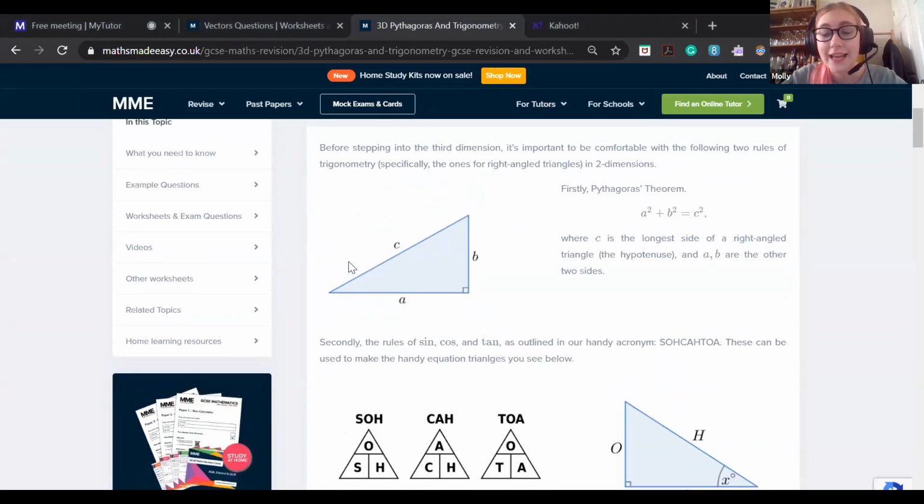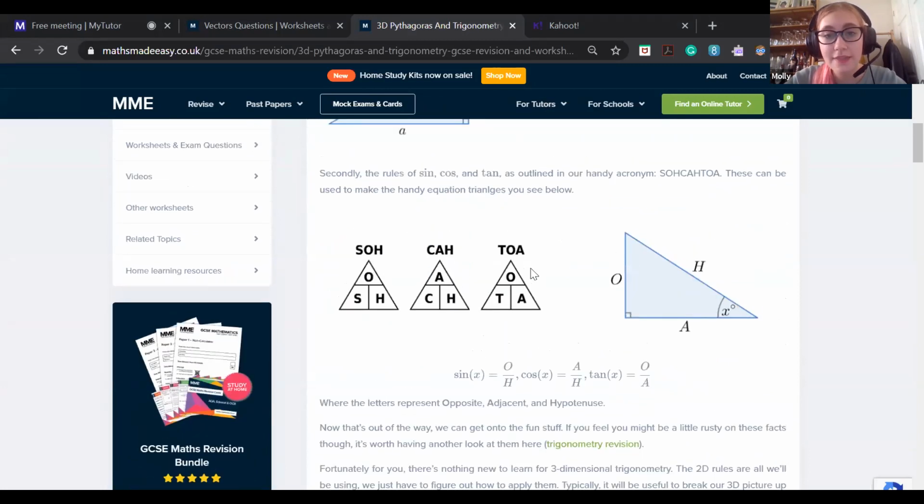3D trigonometry. Hopefully we remember our trig rules. I'm not really going to have enough time to go over them again today, but I have done lessons on them before. The first one is Pythagoras' Theorem, where a squared plus b squared is c squared. So we square these two lengths here, and it's equal to the square of this length. And then we have SOHCAHTOA.